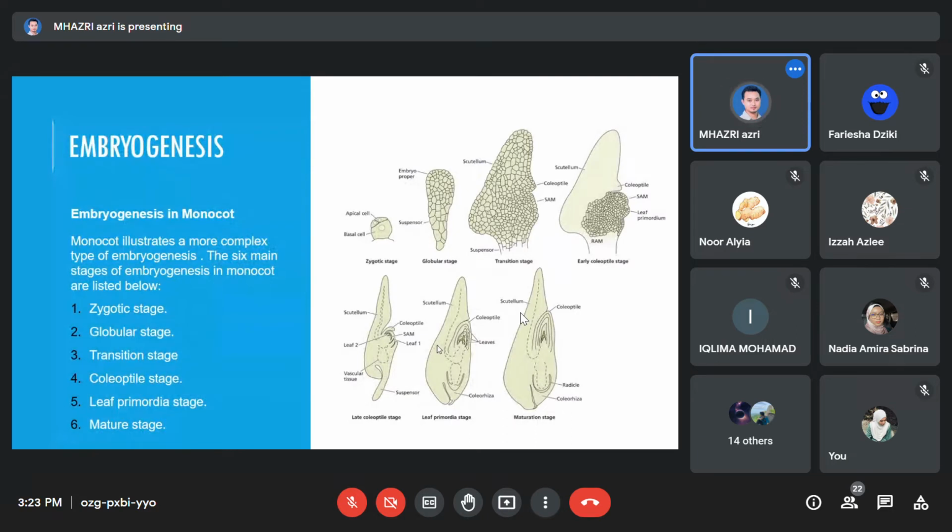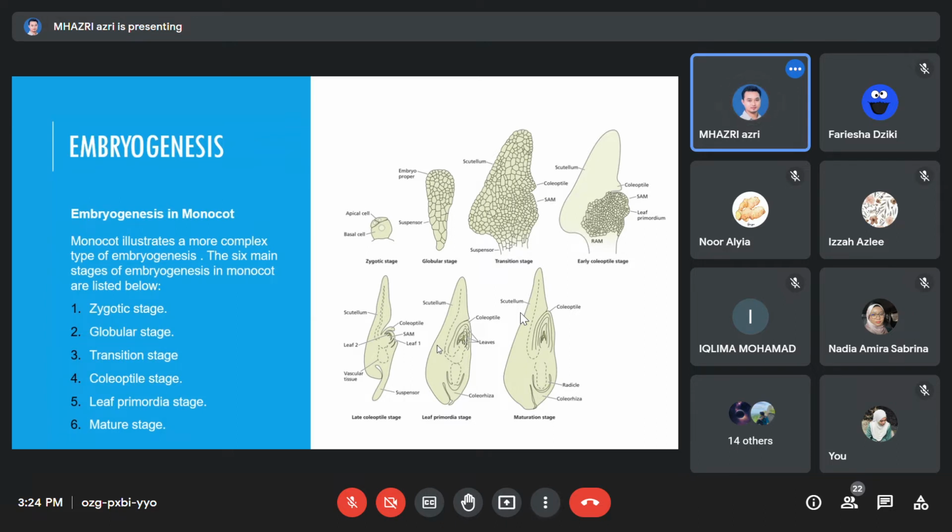For monocots, the process of embryogenesis is quite complex, and it involves 6 different stages, which are zygotic stage and globular stage. The zygotic stage and globular stage in monocots are exactly the same as in dicots.